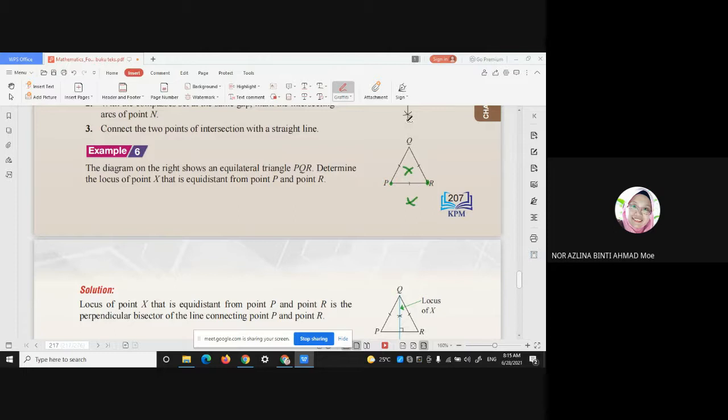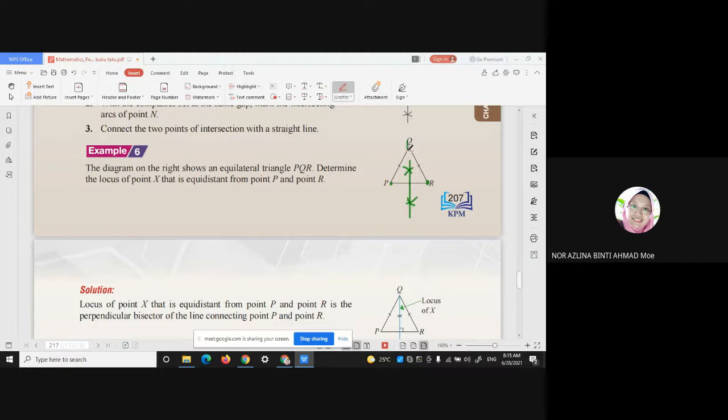Then we draw the line using ruler and pencil. So that is our locus.